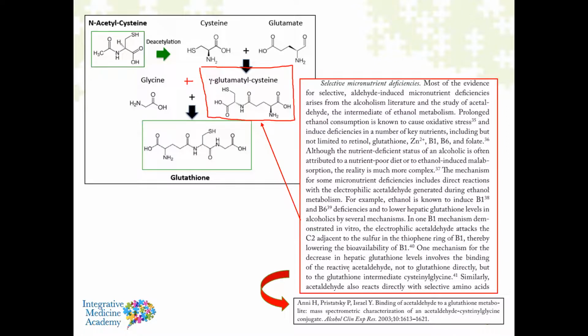Well, it turns out that aldehyde appears to be able to bind, not to the glutathione, but bind or interfere with the gamma glutamyl cysteine complex. So there's multiple things that can obviously impact these systems biochemically. It appears that one of them could certainly be acetaldehyde.